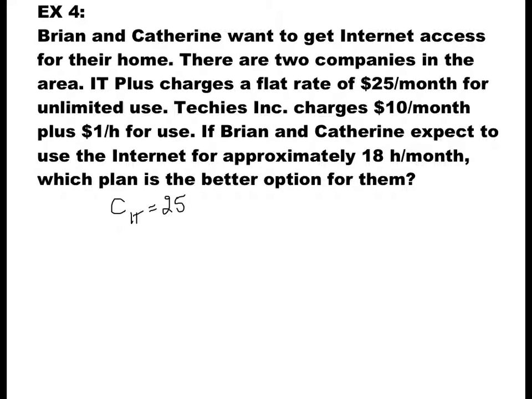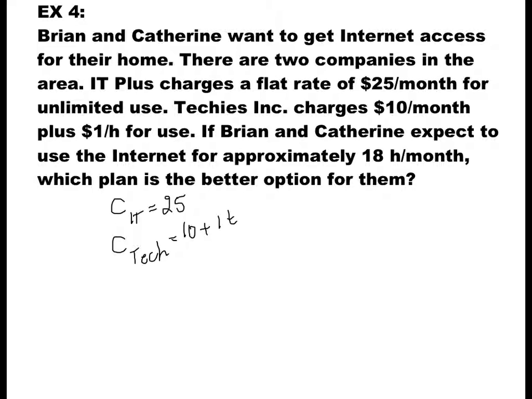For the next one, Techies, I'm going to use C TECH. The cost is $10 per month plus $1 per hour. Since hour is not known, I'm going to use T to denote the variable.